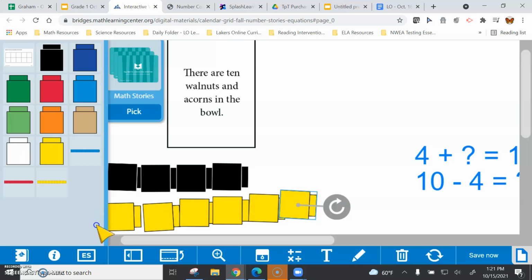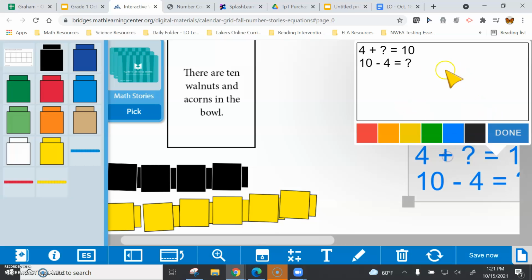How many blocks did we add on? Let's see. 1, 2, 3, 4, 5, 6. Oh my goodness, that's right. We just learned that 4 plus 6 equals 10.